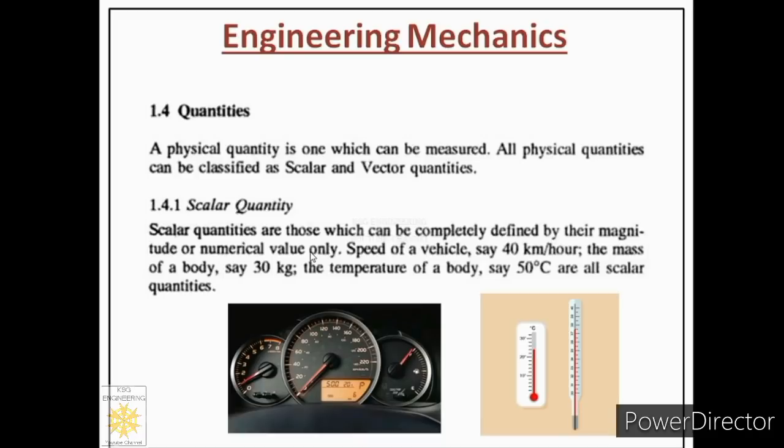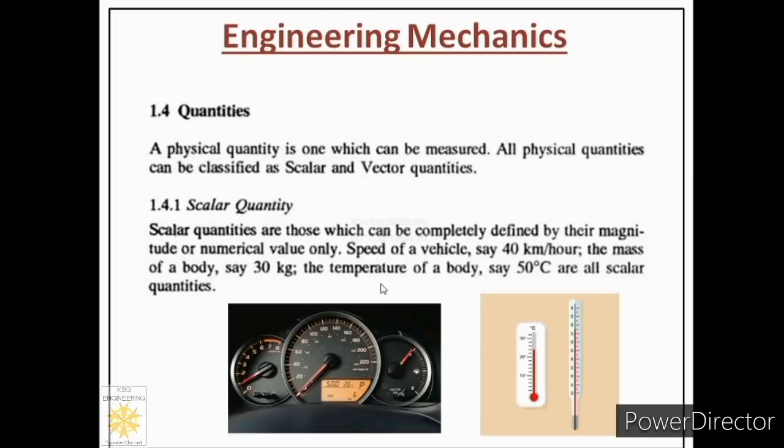Let us take one example. Take the example of the speed of a vehicle. So when we say 40 km per hour, then we are telling about the magnitude. We are not telling about the direction of the speed. Fine. So only magnitude is sufficient to tell about the speed of the vehicle. So such quantities are called scalar quantities where only magnitude is sufficient. There is no need to provide the direction. Let us take another example.